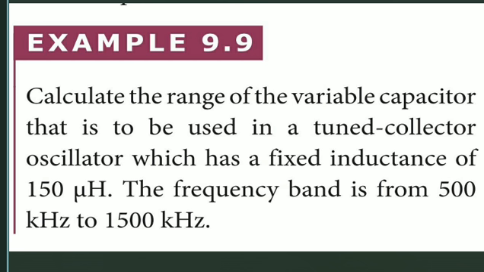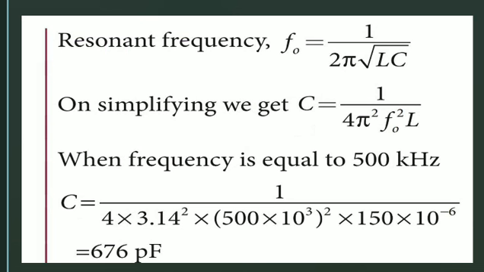Okay, students, this is one data and this is the other data. We have to calculate the capacitor. So what is the formula? In the feedback circuit, the formula is F is equal to 1 by 2 pi root LC, where F is the frequency, L is the inductor and C is the capacitor.